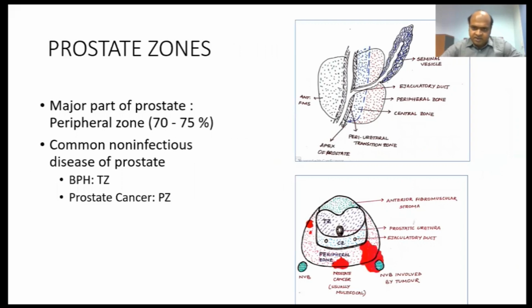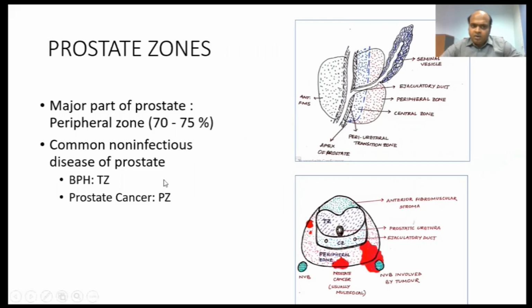If you see the upper image, you can see the ejaculatory duct entering into the prostatic urethra, and this zone surrounding the prostatic urethra, which you can see here in the lower image, is the transitional zone, and there is a central zone, and the majority of the prostate is formed by the peripheral zone.